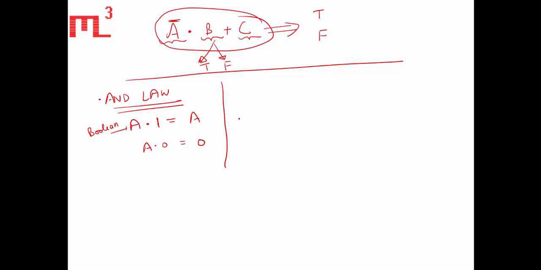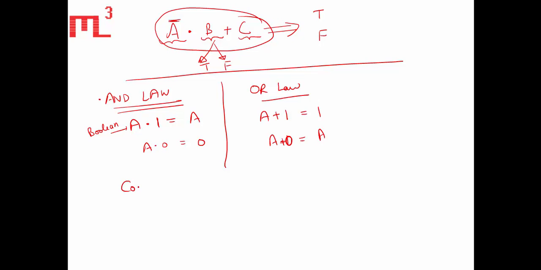This is your AND law. These are self-explanatory laws. And OR law is simple. A or 1 is 1 and A or 0 is nothing but your A. So these are your AND law and OR law.